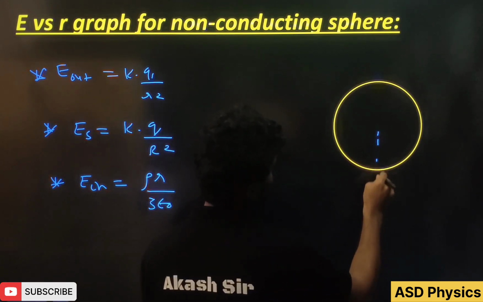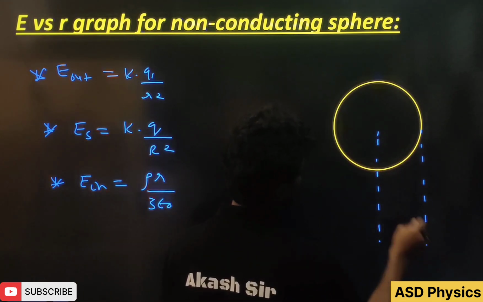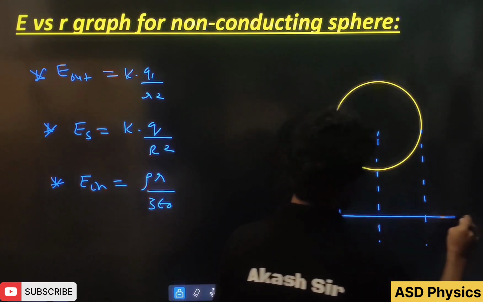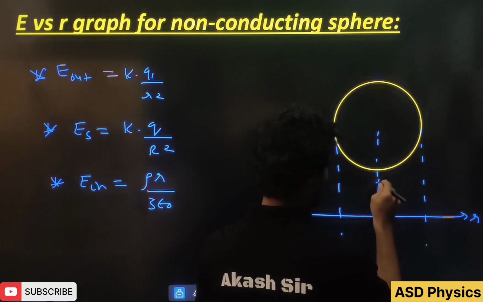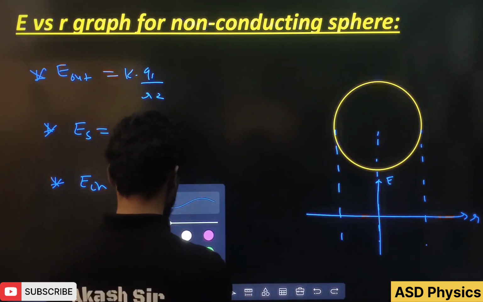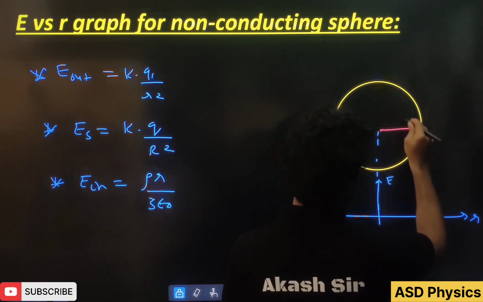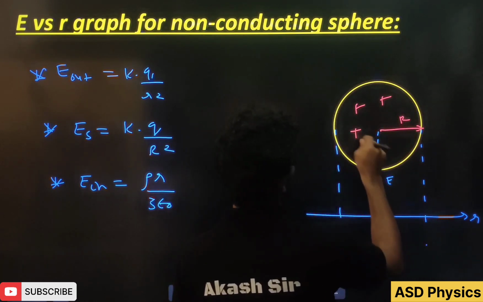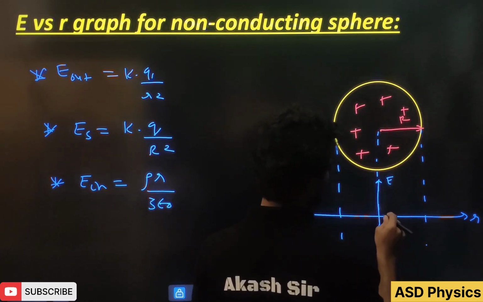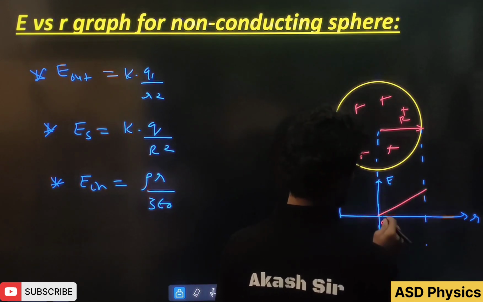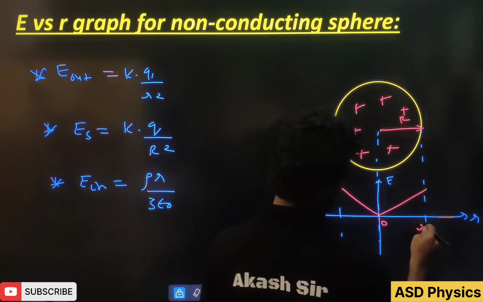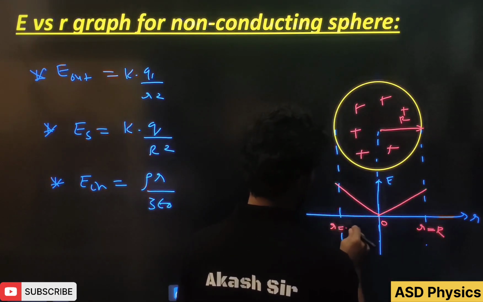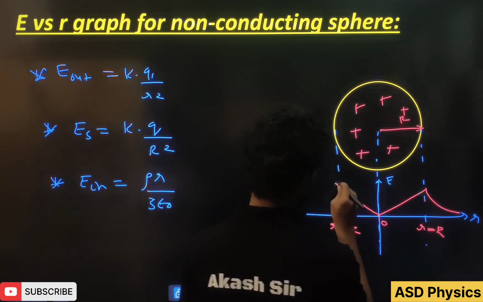So again, this is R, this is E, and the radius is capital R. Charge is distributed everywhere, so from center to surface the field will increase directly proportional to r, like this, and after that it will go like this.